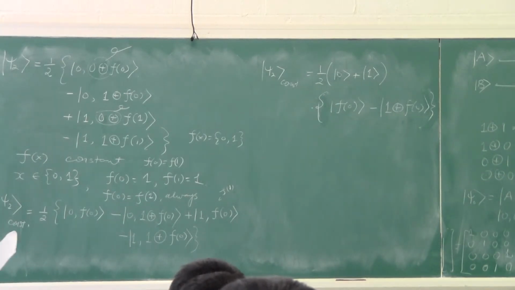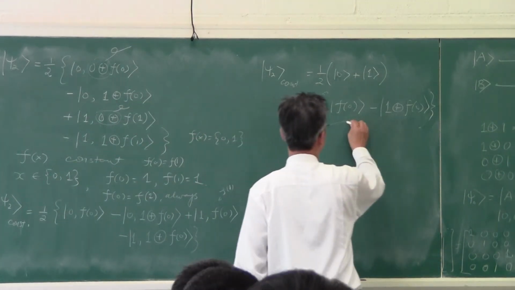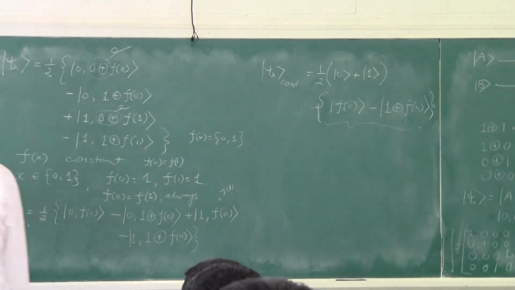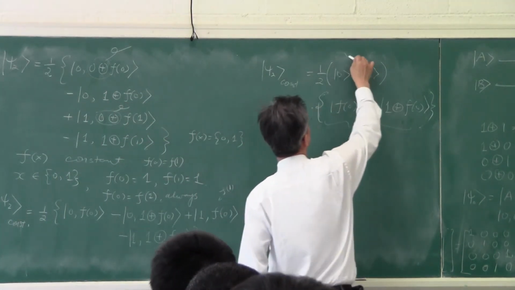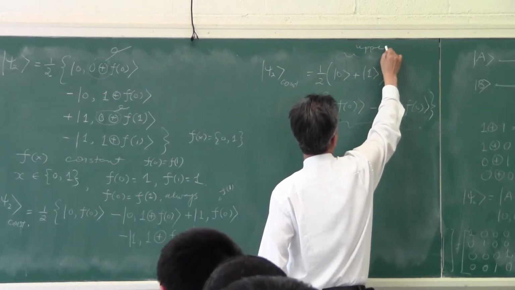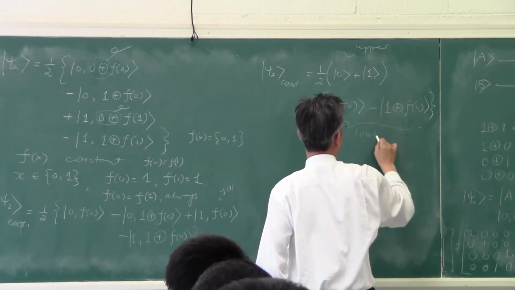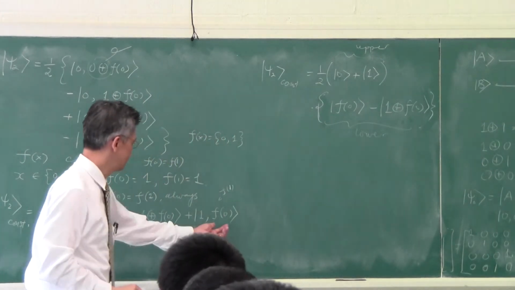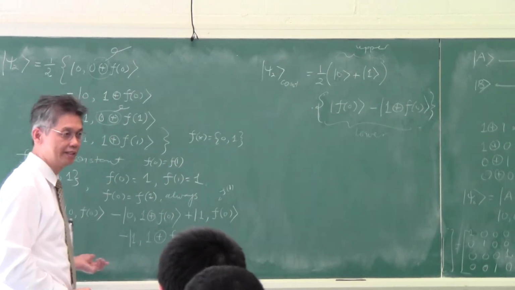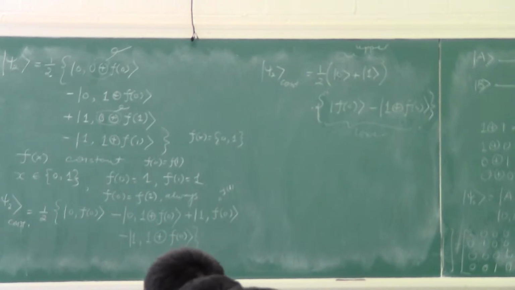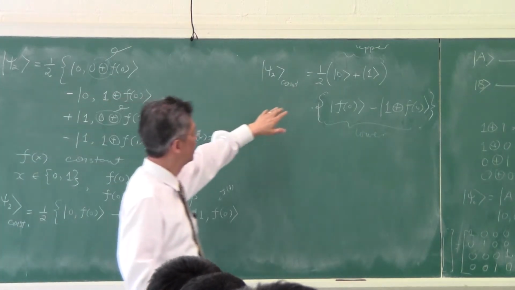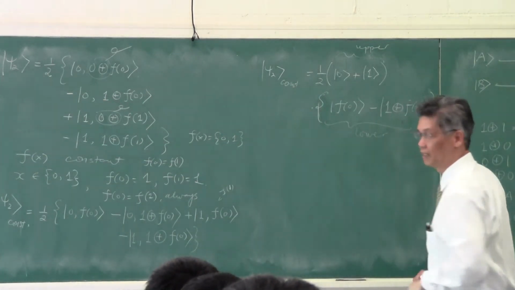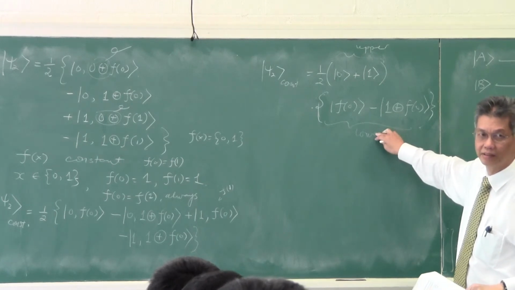And then this belongs to the lower line, and this belongs to the upper line, because when I took this, I was always taking the second factor. So this must be belonging to the lower line, and this belonging to the upper line. So when I apply the Hadamard gate, it will only affect the upper line. It doesn't affect the bottom line.